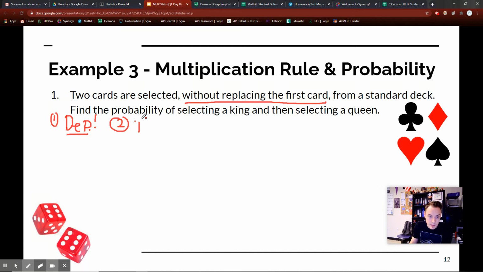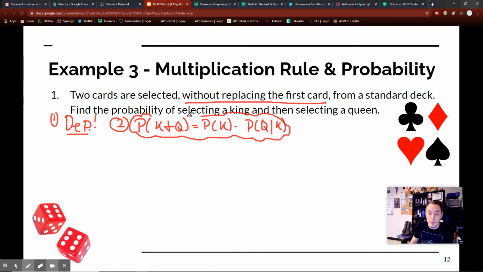So the probability of selecting a king and a queen equals the probability of selecting a king times the probability of selecting a queen, given the fact that I already selected a king and I didn't replace it. So this is my formula for probability.